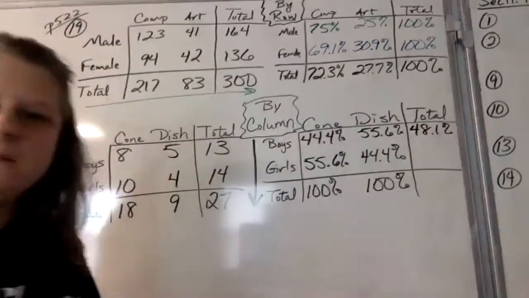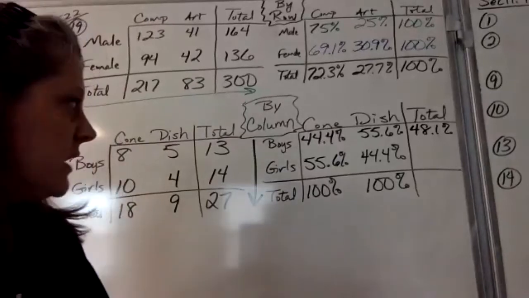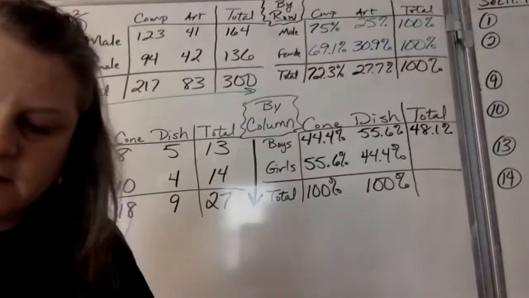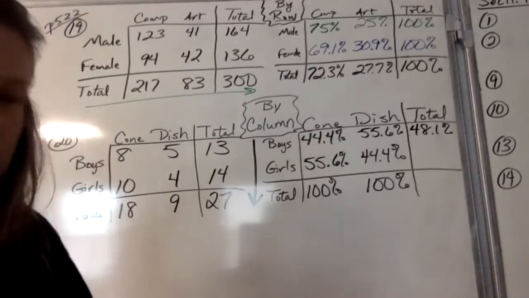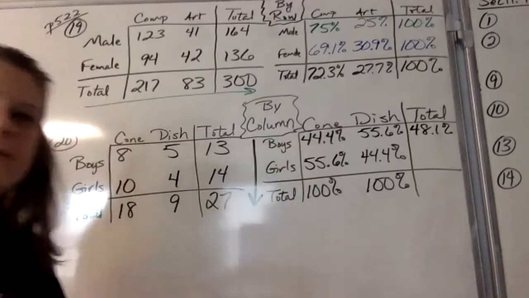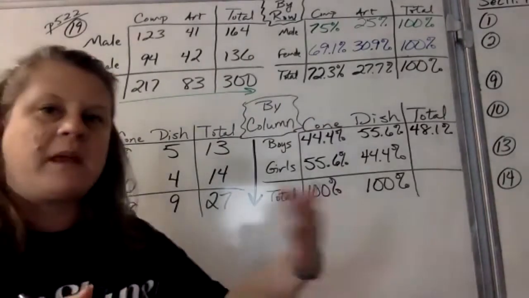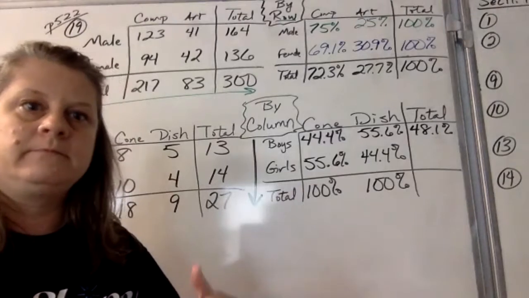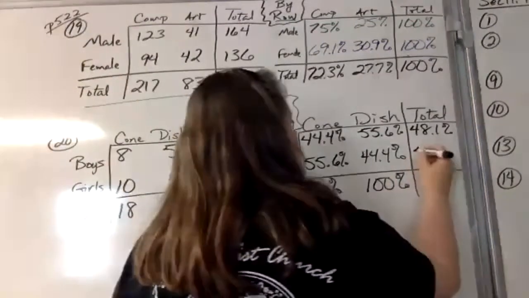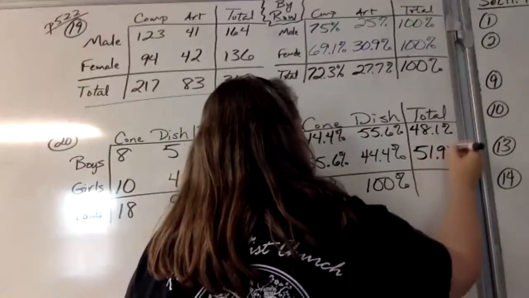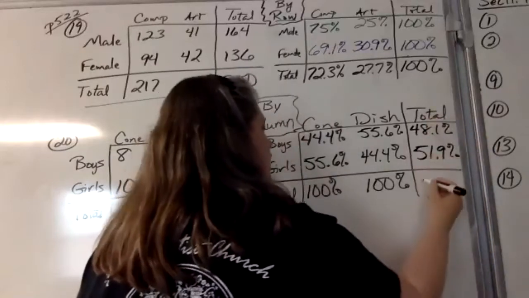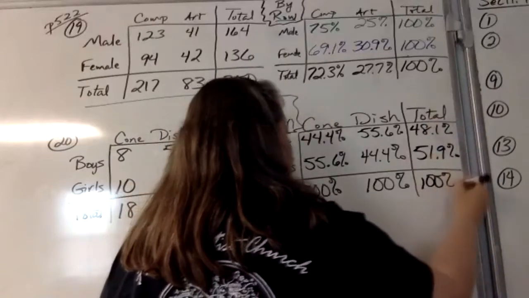And then for the last one, you have 14 divided by 27. And you got 518, 518, 518. So is the 5 going to make the 8 go up? Yes. So it's going to be 51.9%. So it should add to equal 100%.